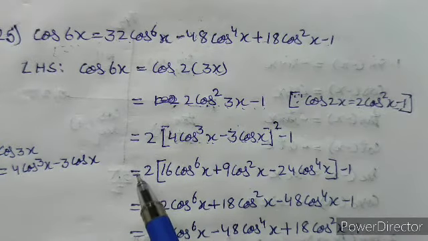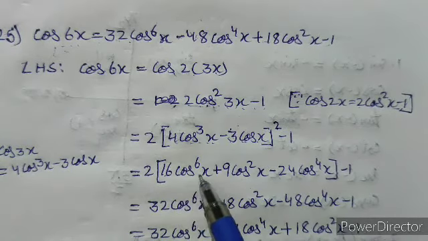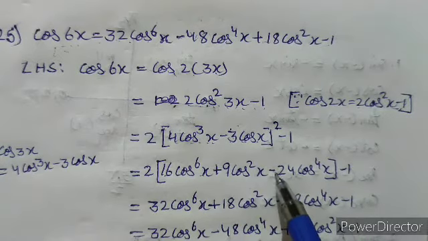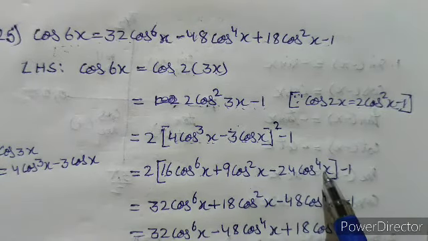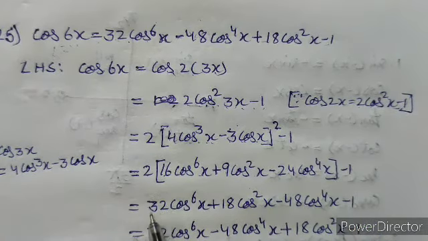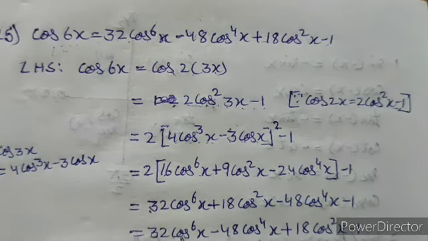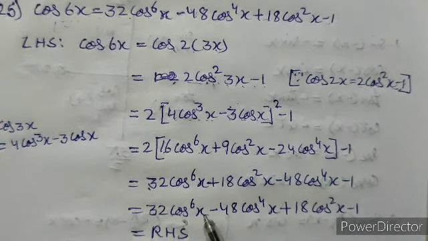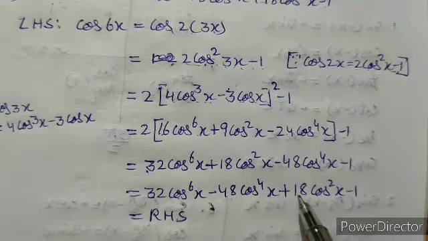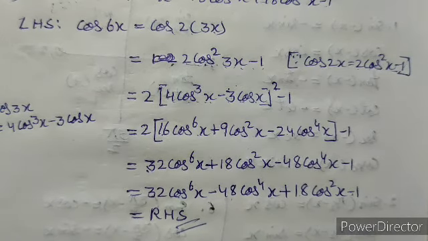Now this will be equal to 2 into (16 cos to the power 6 x plus 9 cos square x minus 24 cos to the power 4 x) minus 1. Now on solving this will be equal to 32 cos to the power 6 x minus 48 cos to the power 4 x plus 18 cos square x minus 1, which was our right hand side.